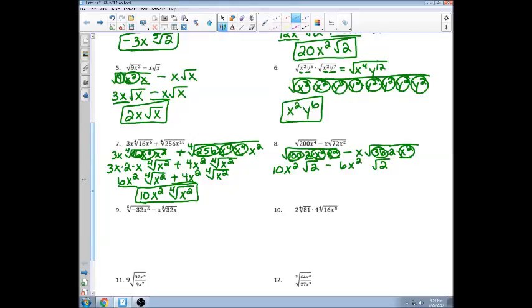So now my radicals are exactly the same. I have x squared in both my numbers, so I have 10x squared minus 6x squared, which get me 4x squared times the square root of 2. And I'm finished with that problem.